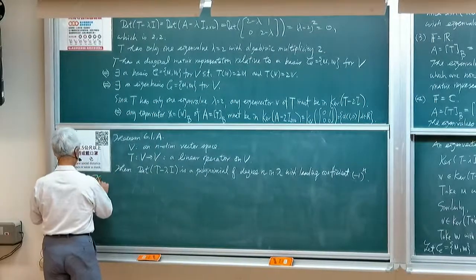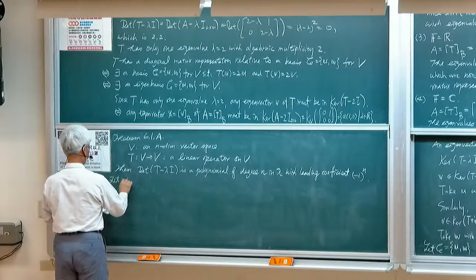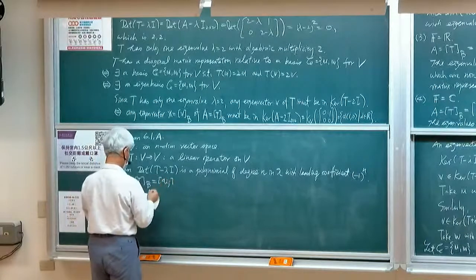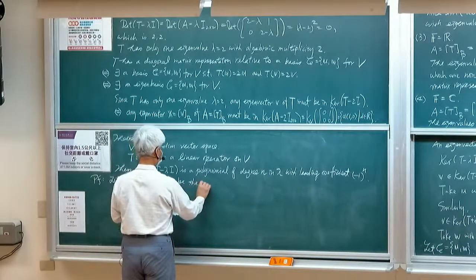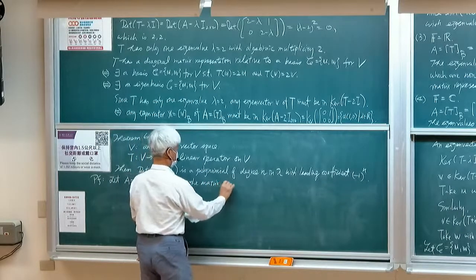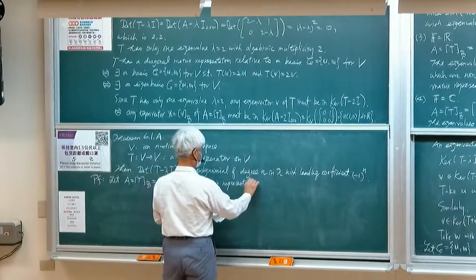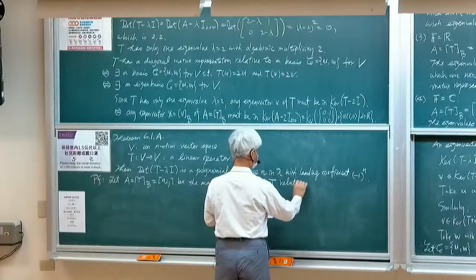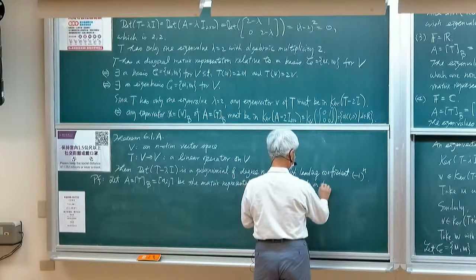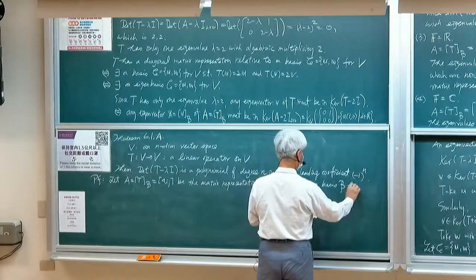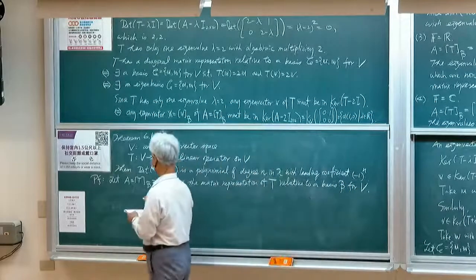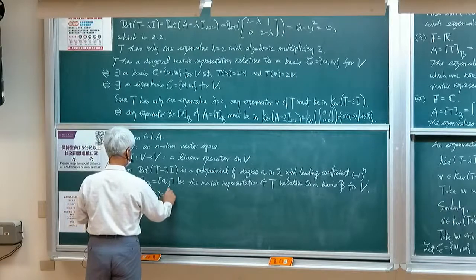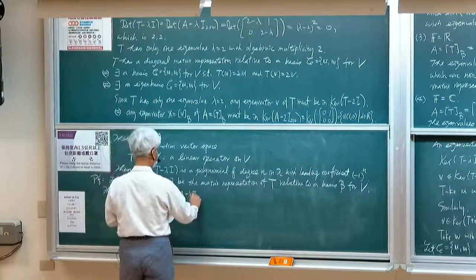Okay, so here is the proof. Let A be the matrix representation of T relative to a basis for V. Then the determinant of T minus lambda I becomes the determinant of A minus lambda I n times n.